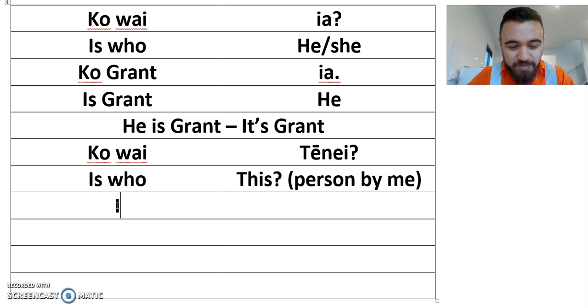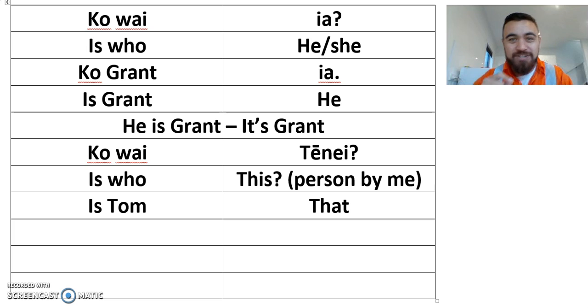And then someone might respond with is Tom. I should start using some Māori names. Is Tom that? If that kind of makes sense. So when we're talking to someone, we say, who is this? And when they respond, they say, that is such and such. So this goes out, that comes back. Or if I might respond myself, I might say, who is this?